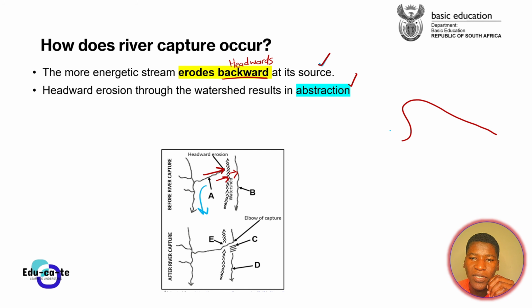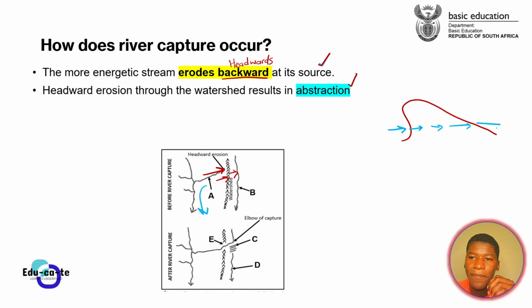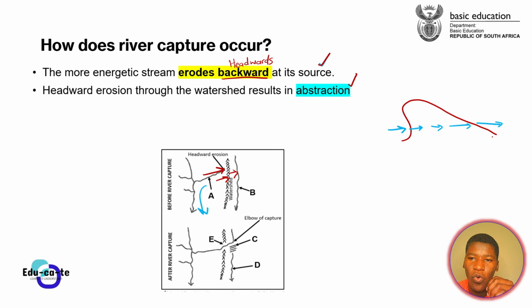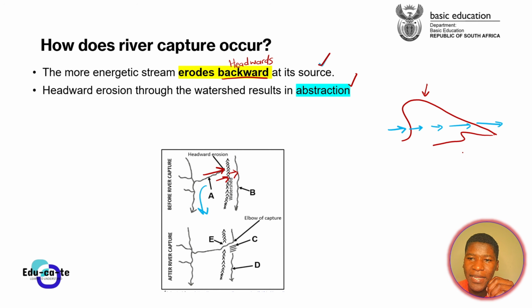But because one river is more energetic, or maybe there are layers of softer rock and all those causes that we did, then the position of the watershed will be obstructed, or it will be shifted. So you'll end up finding out that you'll have a lower watershed, something like this. So it was this big, but now it is this small.